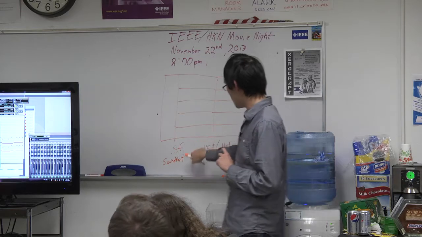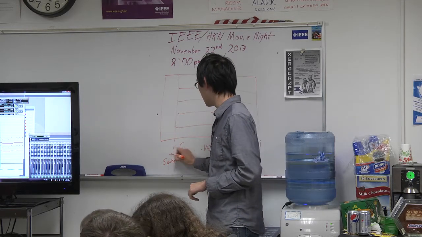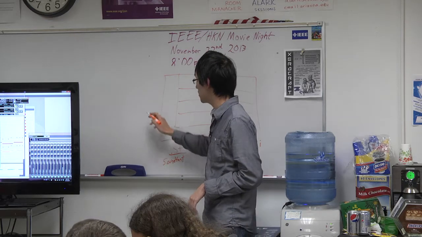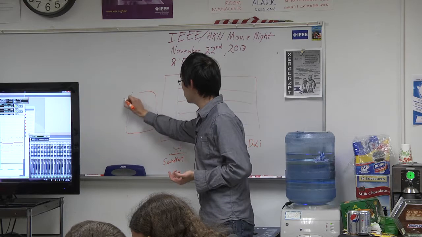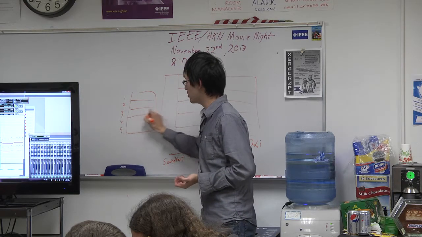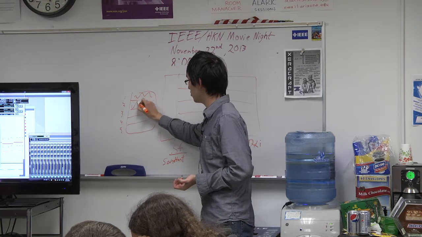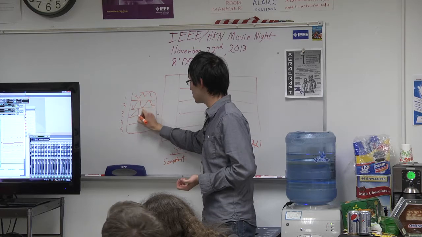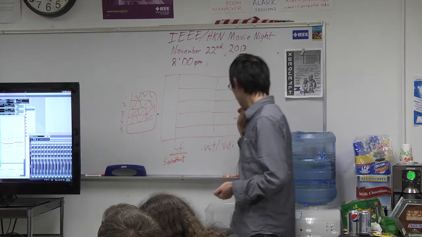Basically, .sf are primarily instrument files. If you open a sound font, it's basically an index, 1, 2, 3, 4, 5, containing samples of sounds that your program can utilize to play instruments that are defined by these sound fonts.